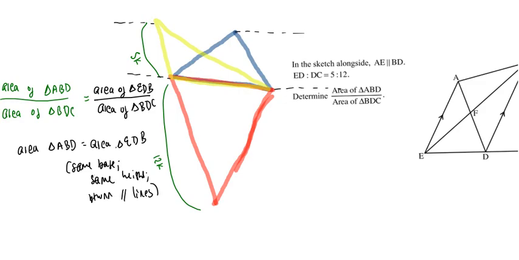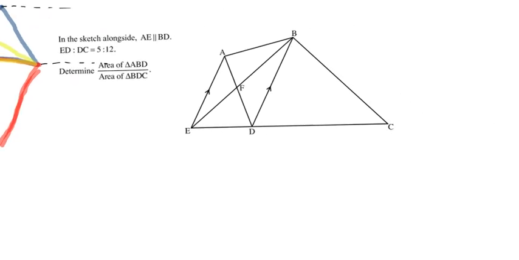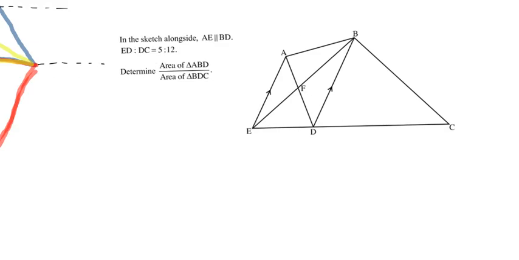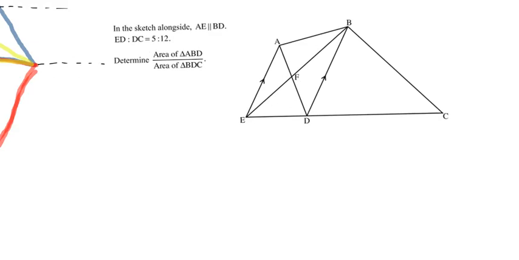So now I said to you, the focus now is looking at the area of this triangle, the area of this triangle AED. Okay, is it AED? No, it's not AED.